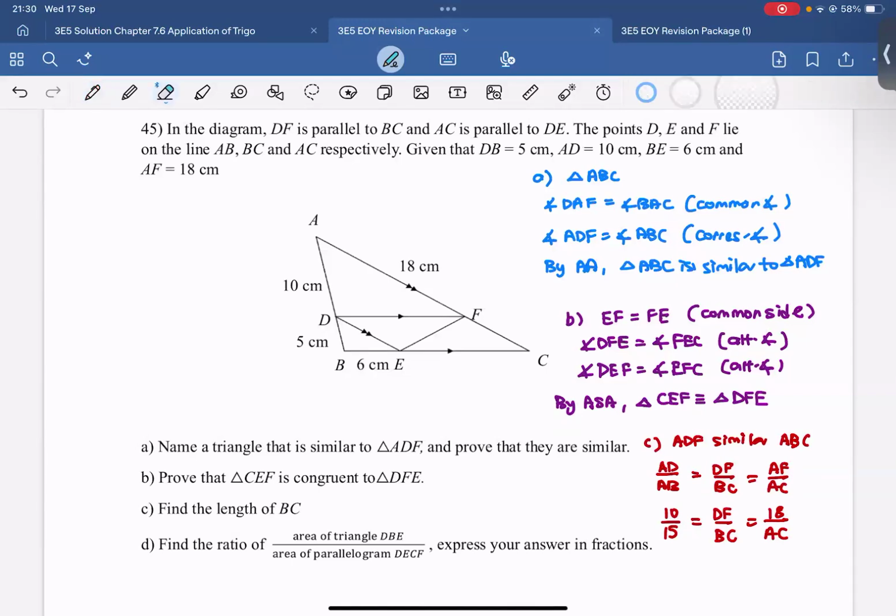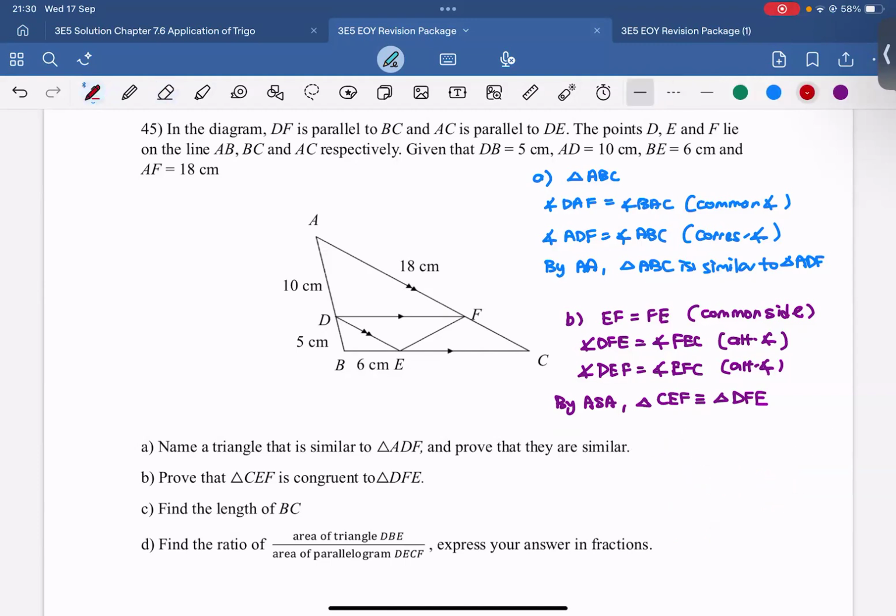So we need to look out for another similar triangle. Where is the other similar triangle? DBE. Here and here. From these two triangles, we know that DB over AB equals BE over BC equals DE over AC.